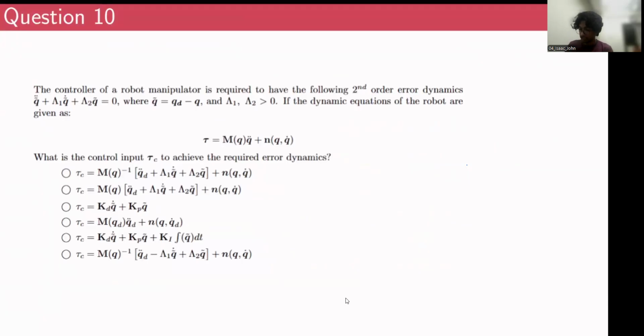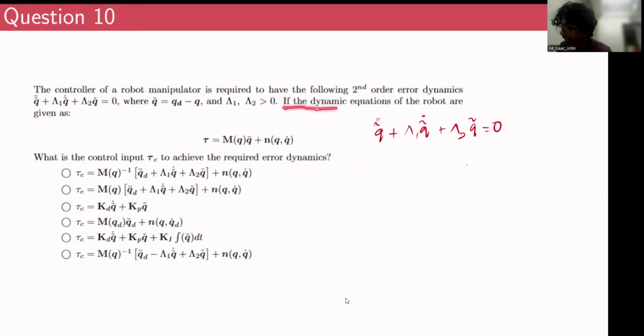The question basically says, the controller of a robot manipulator is required to follow the second order error dynamics: Q tilde double dot plus lambda 1 Q tilde dot plus lambda 2 Q tilde equal to 0, where Q tilde is the difference between the desired and actual position, and lambda 1 and lambda 2 are greater than 0.